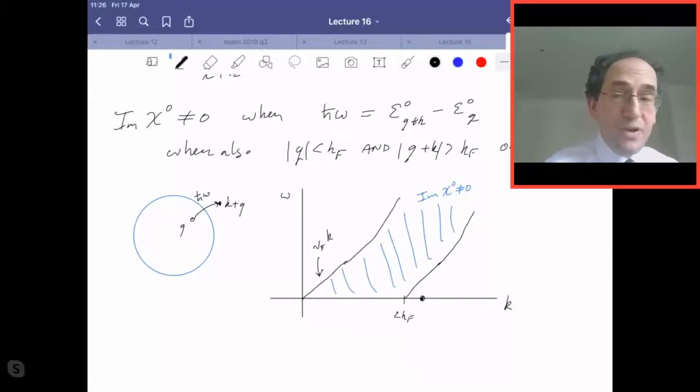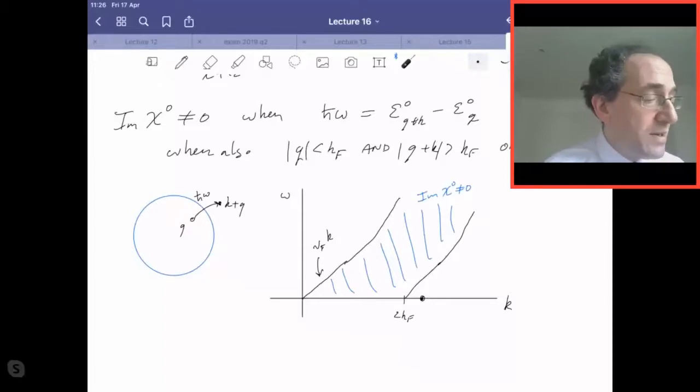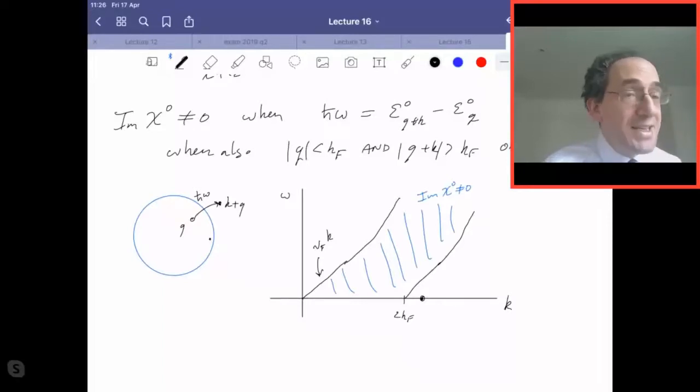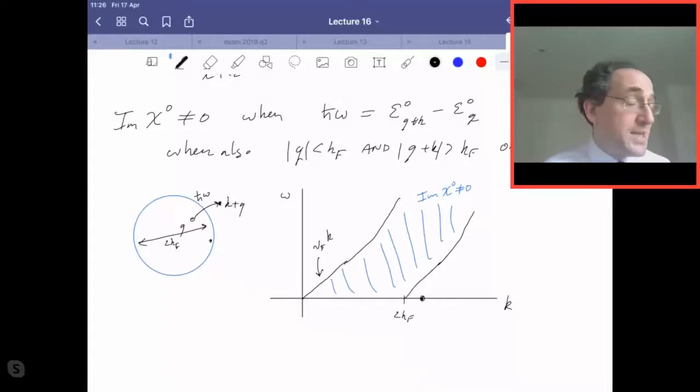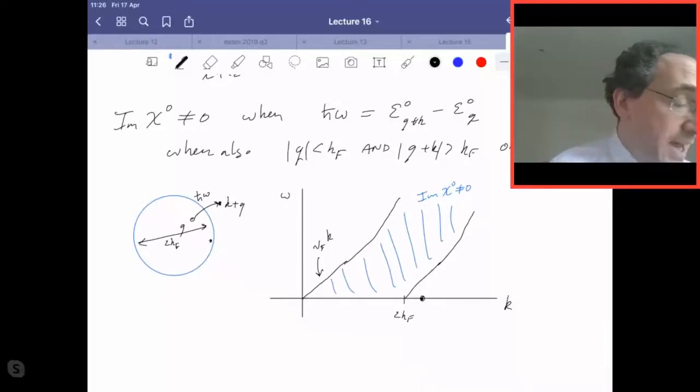If we look at our picture of the Fermi sea, if we take any point under the Fermi surface and you excite it a distance 2kf, it is guaranteed to be outside the Fermi surface after you do that, because the diameter of the Fermi surface is 2kf. So if I take this point below the Fermi surface and excite it by 2kf, it's guaranteed to end up outside the Fermi surface.